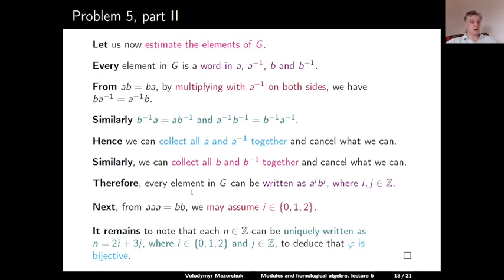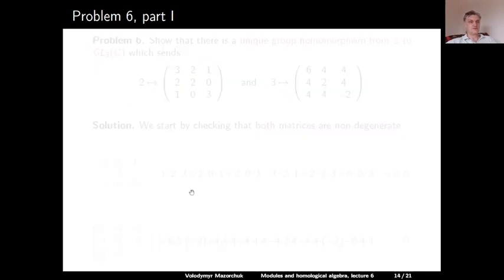And then it remains to know that each integer can be uniquely written in the form 2 times i plus 3 times j, where i is 0, 1, or 2, and j is an integer. And this means exactly that our map phi from G to the integers is bijective. And this completes problem 5.